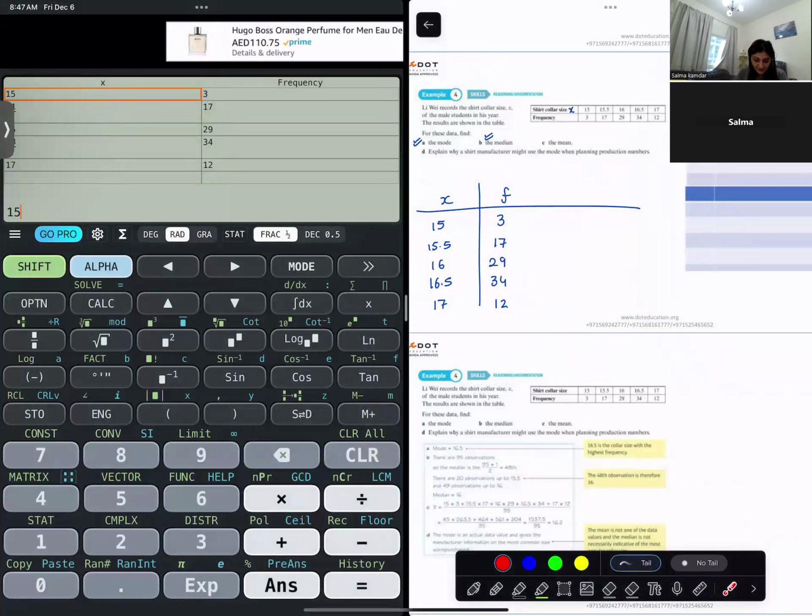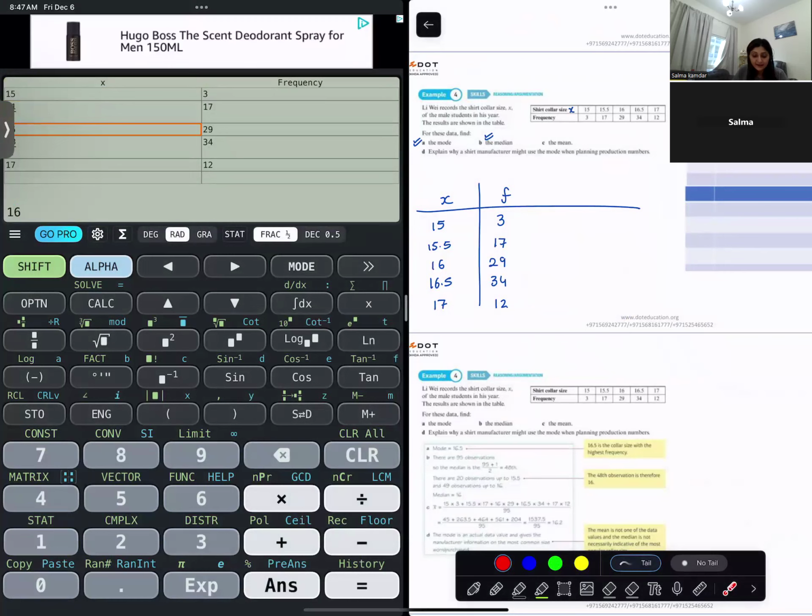So my x is 15. The next x is 15.5. Then the next one is 16. The next one is 16.5. And the next one is 17.